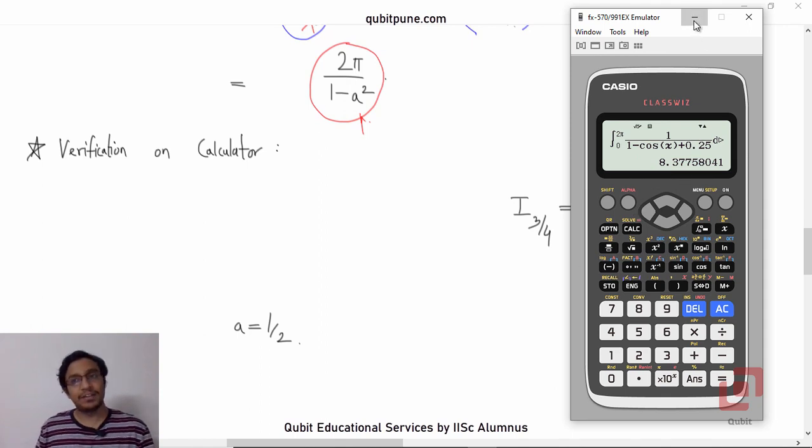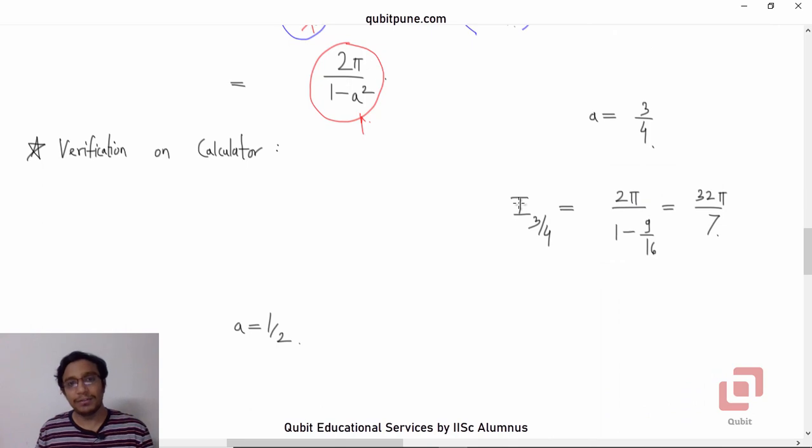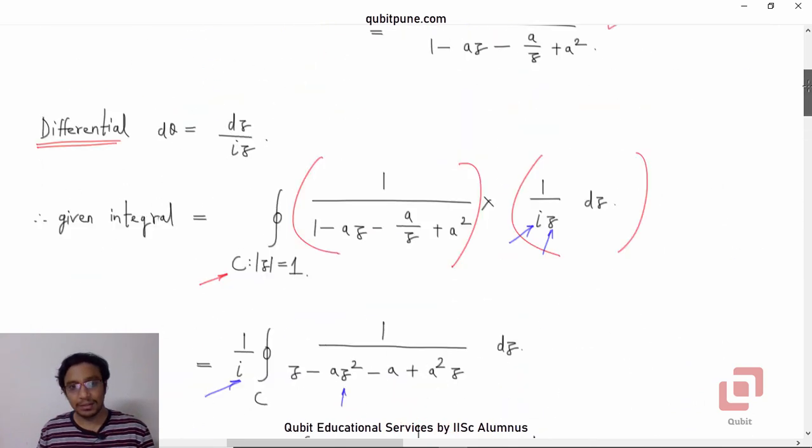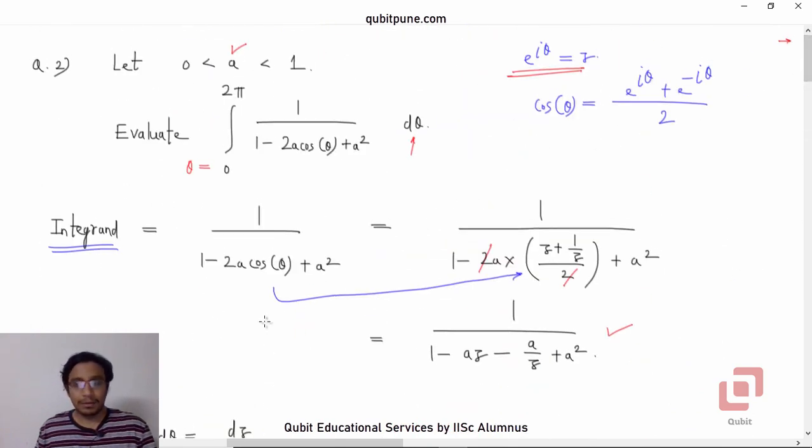So that's how you can even verify the values of such integrals.